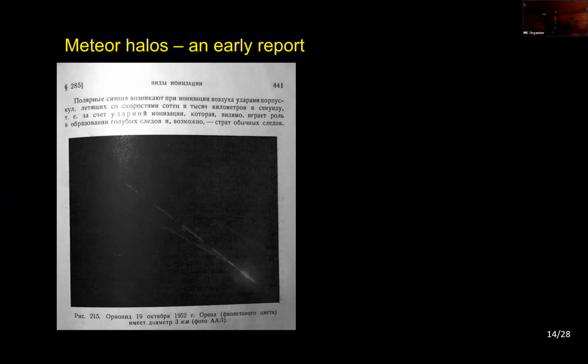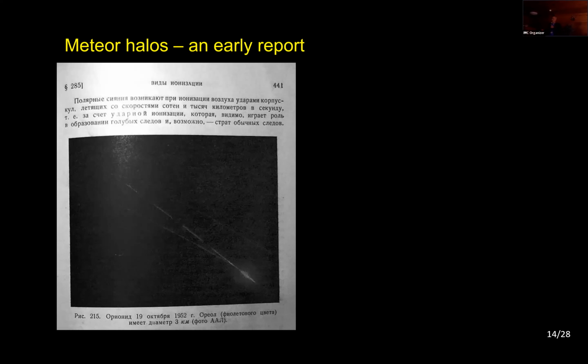Okay. I was pointed to a very early report of a halo phenomenon. I cannot read and understand Russian Cyrillic, but thanks to the support of Ms. Boyachuk, who is an Ukrainian guest student at our university, she translated it for me.